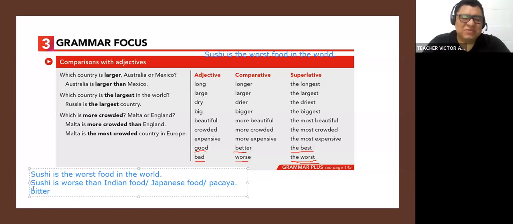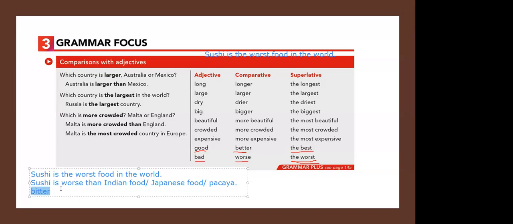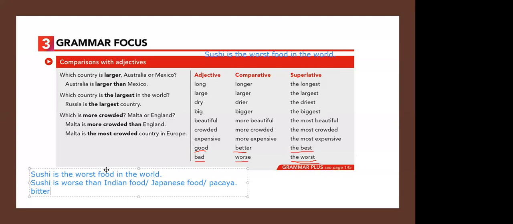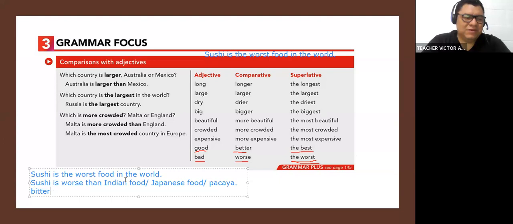Yeah, that's true. It's really bitter, right? In my opinion, for me, pacaya is like, no, thank you. If you want to kill me, pacaya is a good option, right? I know Salvadorians are proud of it, but not for me.